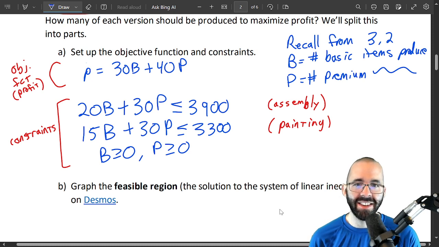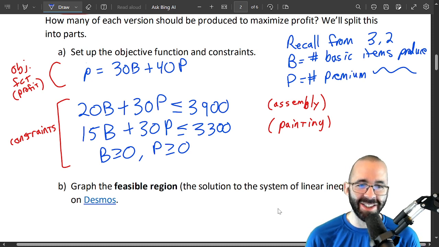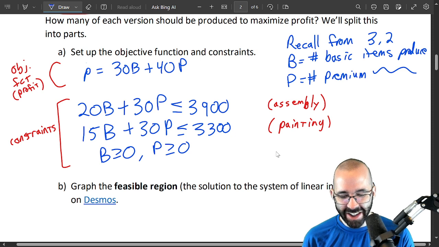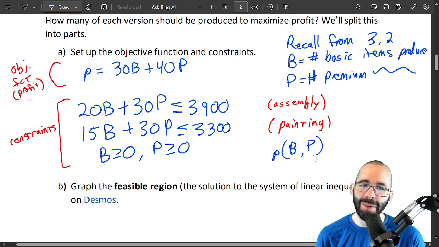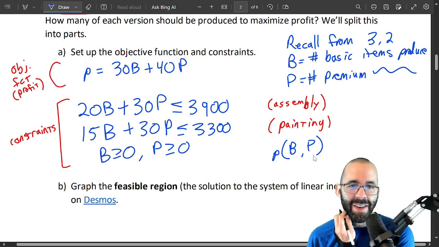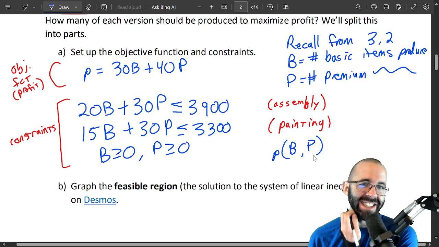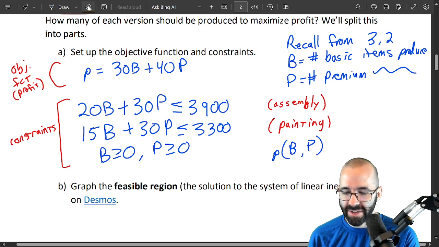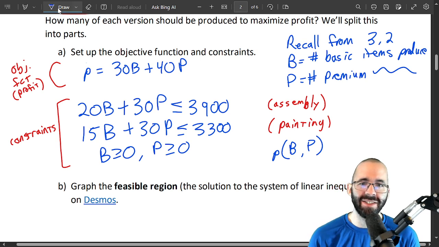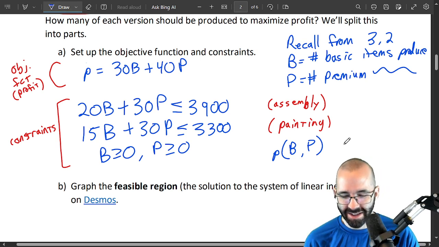That's fine. Big P, little p. That's only mildly confusing. So we could use function notation: our profit is a function of basic items and premium items. I hope you picked better variables. Or maybe you're just doing what I'm doing and we're in this together. Profit could be any variable. It could be X, Y, Z, whatever you want your profit to be.